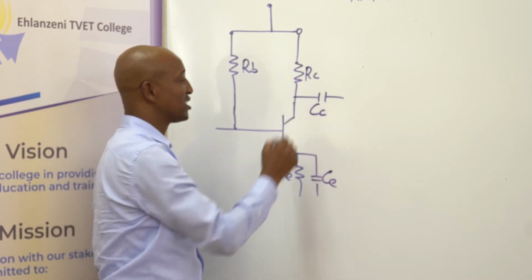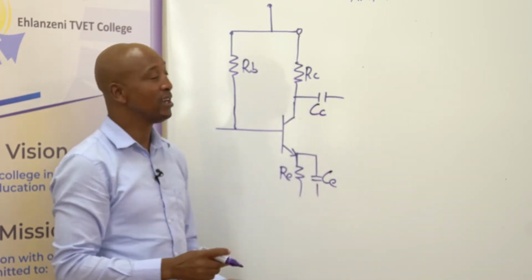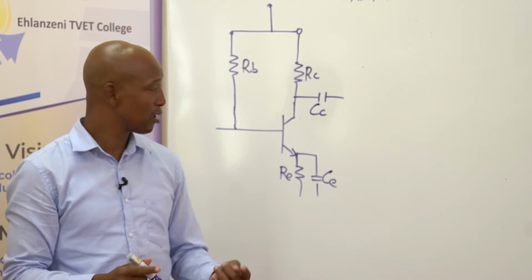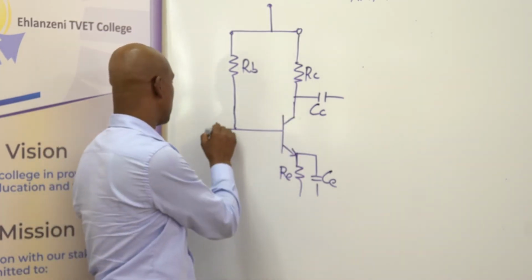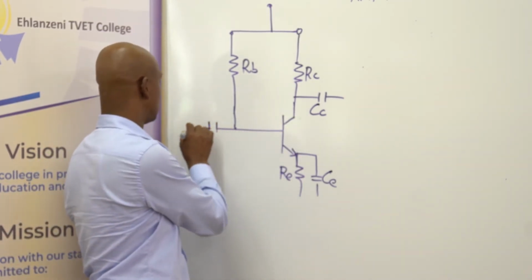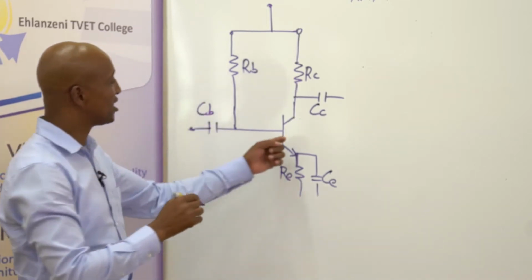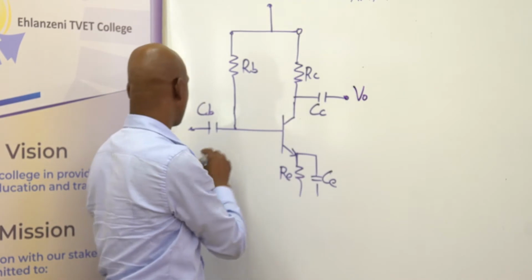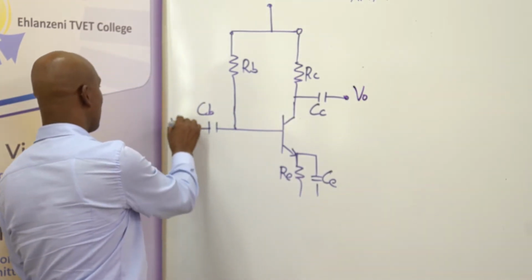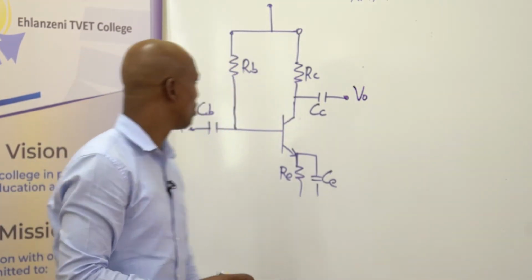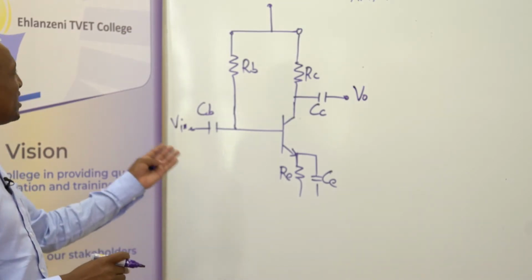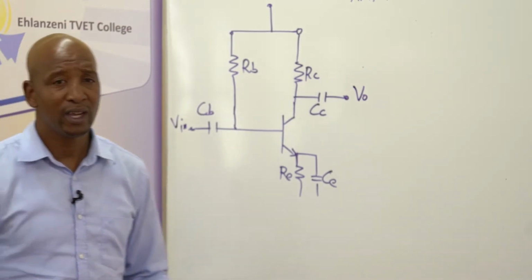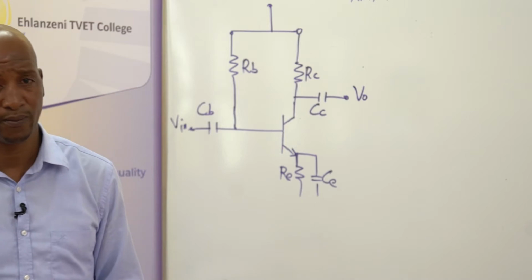We shall call this a CC, which is a capacitor on the collector. So now, we can also have CP, capacitor on the base. There is where we have our output. There is where we have our Vin, our input. So basically this is what we call an amplifier circuit.